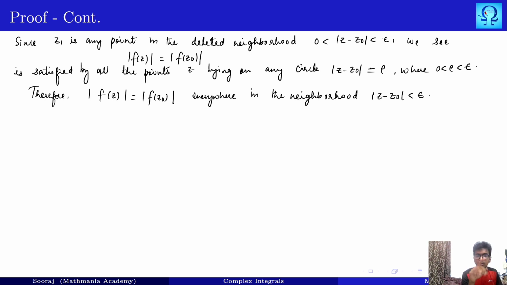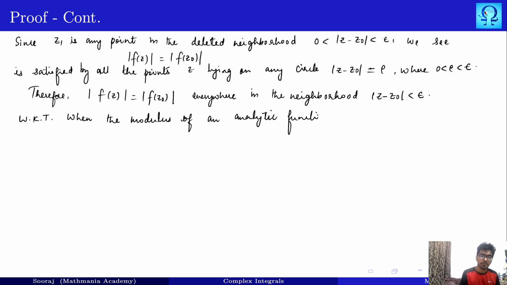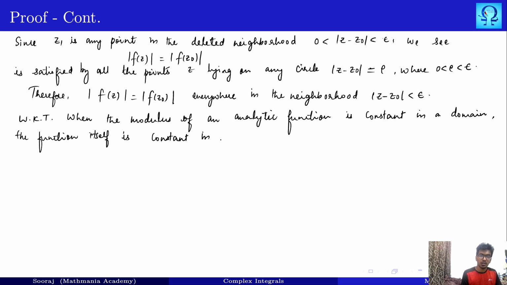So we just proved the absolute quantity is equal, but we know that when the modulus of an analytic function is constant in a domain, the function itself is constant in the domain.